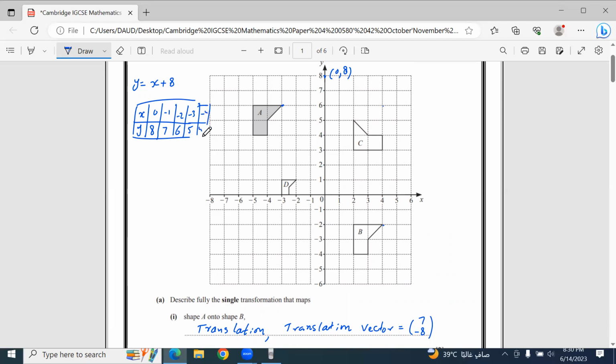If we plot these points here, the first point is here 0, 8. Then we have -1, 7. This one. Then we have -2, 6. Then we have -3, 5. -3, go up where it comes 5, yes, and -4, 4. This one. It means if we see the next one -5, it must be 3.